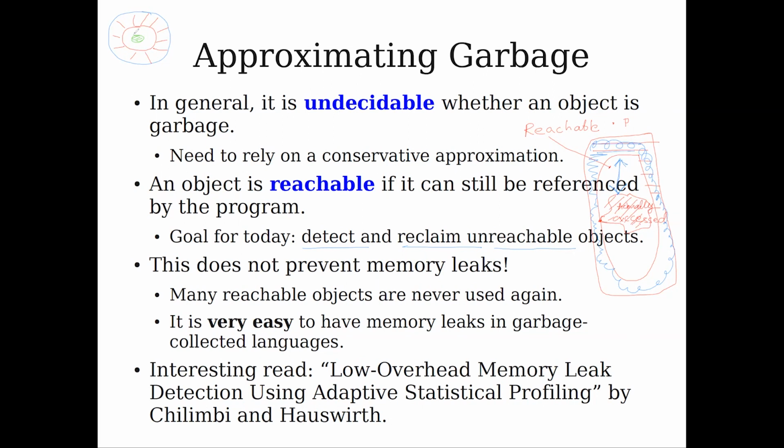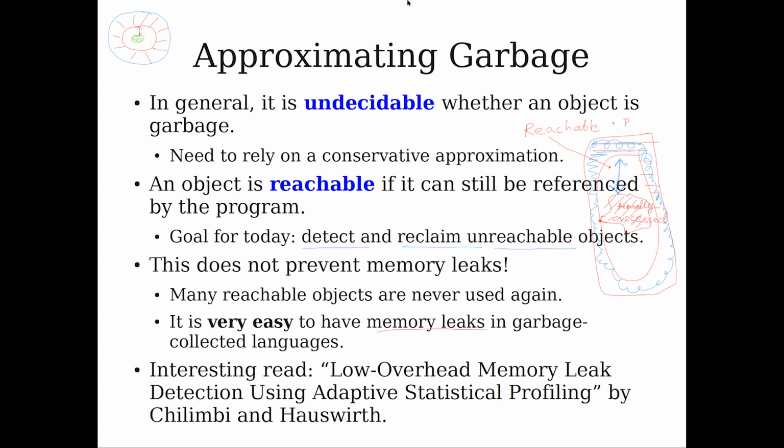Generally this part which is in white, in a garbage collected language, is also called a memory leak. Unlike manually managed languages, where if you don't free something, that is called a memory leak, in this case, since we are not freeing anything, the difference between reachable objects and useful objects is considered a memory leak in a garbage collected language.